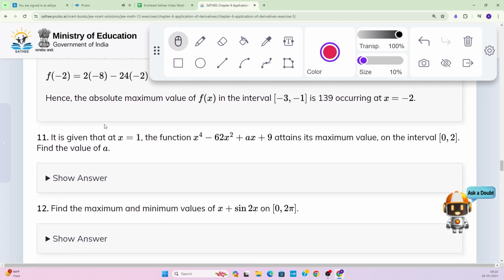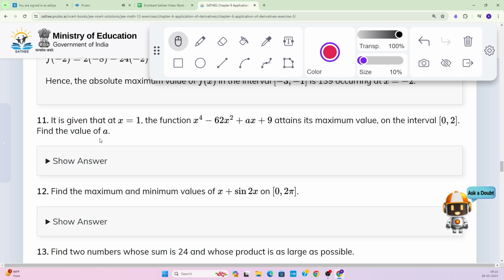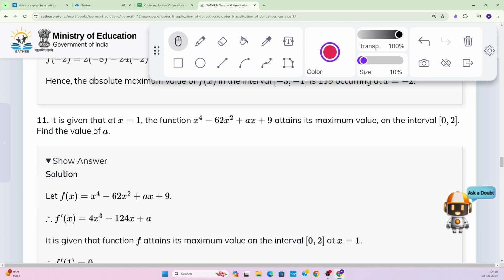Now it is given that at x equals 1, the function attains its maximum value on the closed interval 0 to 2. You have to find the value of a. Find the first derivative and then what? Let's see. Finding the first derivative, you will get 4x cube minus 124x plus a.